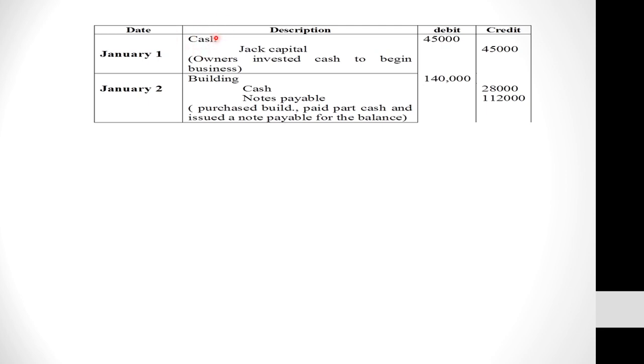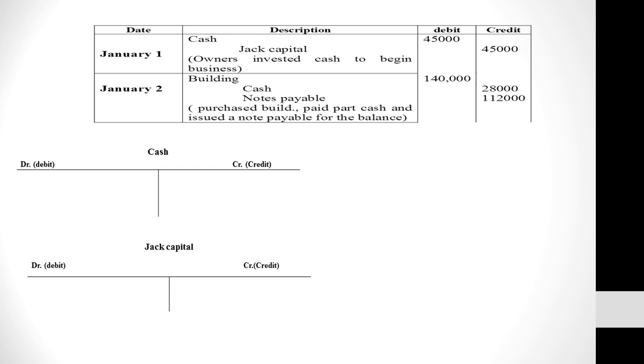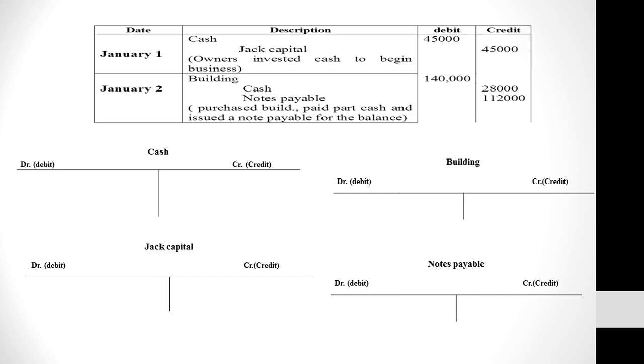We have cash 1, capital 2, building 3, cash again we are not going to count it, so notes payable 4. We have 4 accounts, each account is counted once. So we're going to open 4 T accounts: one for cash, one for capital, one for building, and one for notes payable. And we start in order.